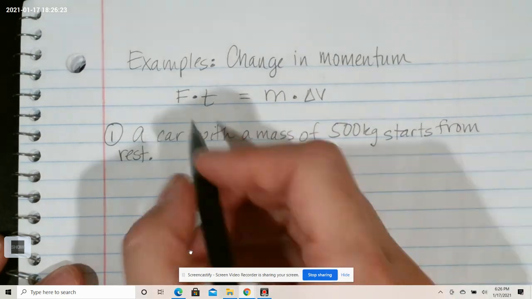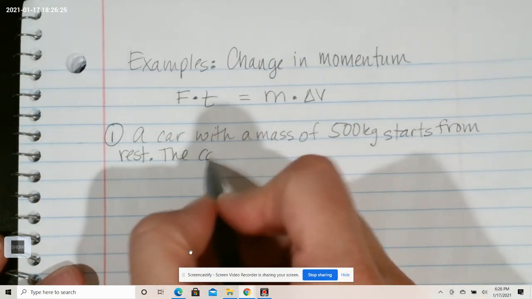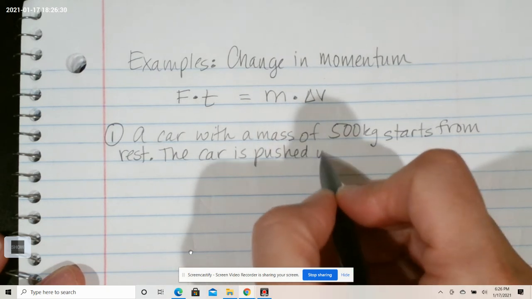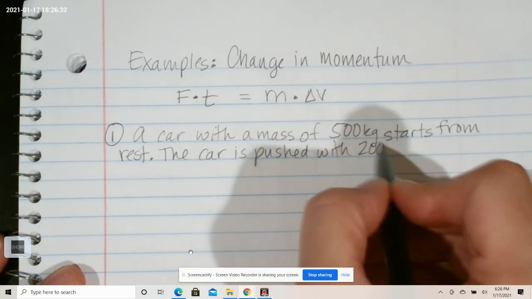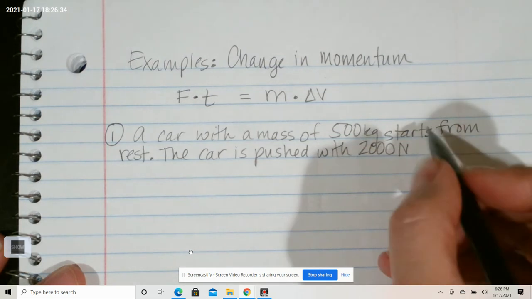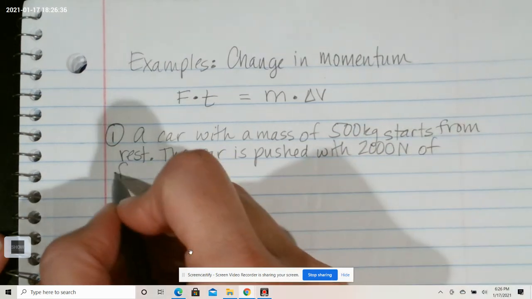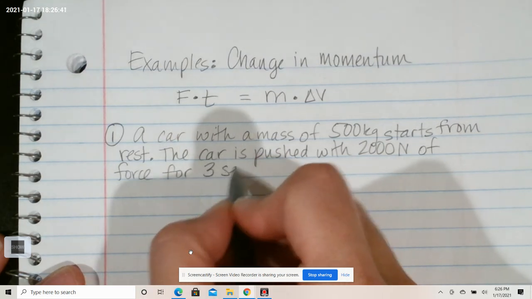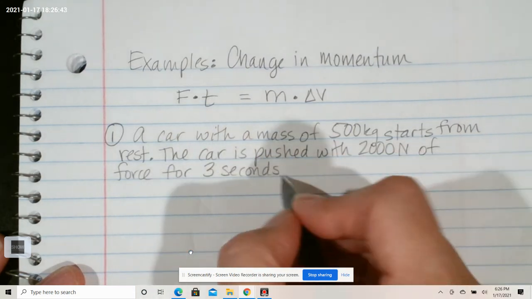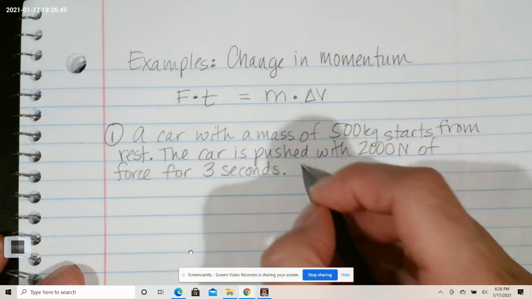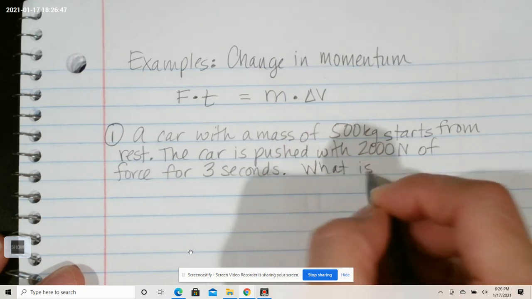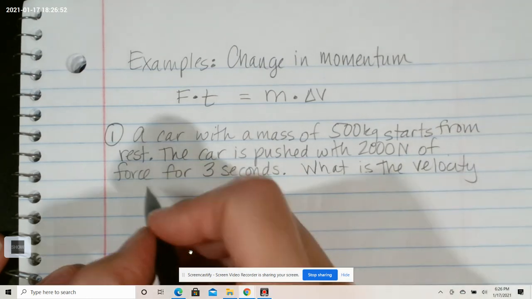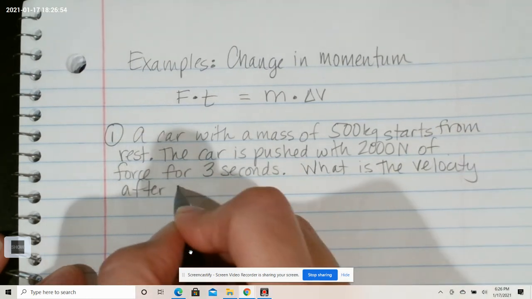The car is pushed with 2,000 newtons of force for 3 seconds. What is the velocity after 3 seconds?